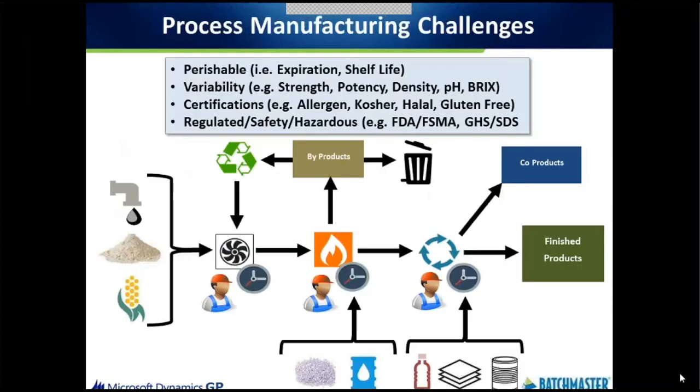The nature of food, chemical, nutraceutical, and pharmaceutical products really requires some unique master file field definitions, some unique data collection processes, and certainly product characteristics that need to be managed. You have to deal with whether things are perishable, the variability of the product, certain industry certifications, and some safety and hazardous information that are required by various industry regulatory bodies.